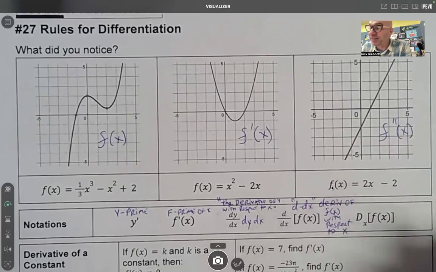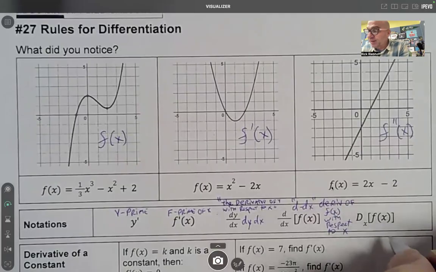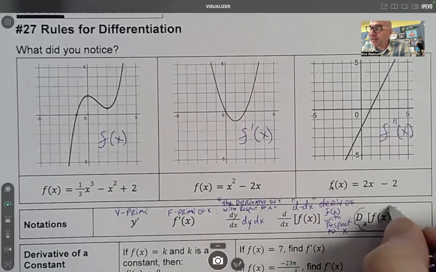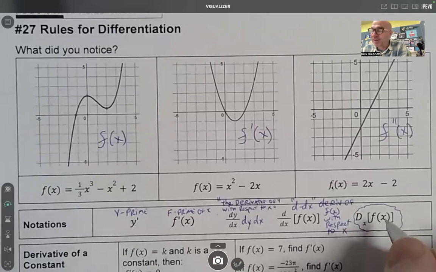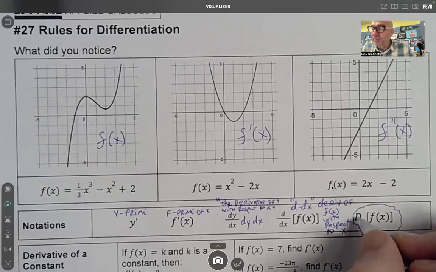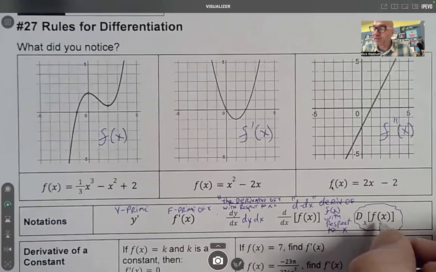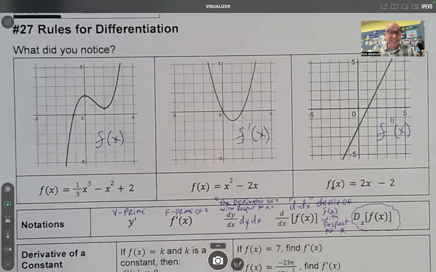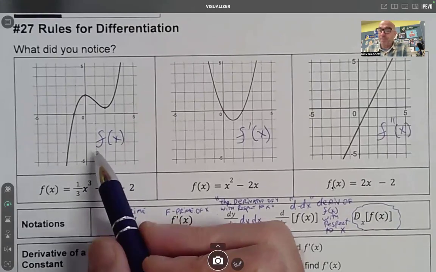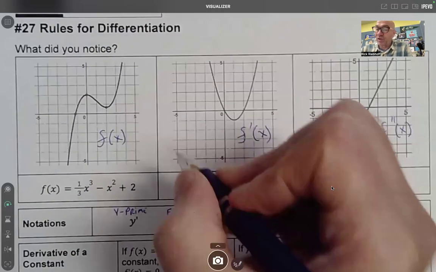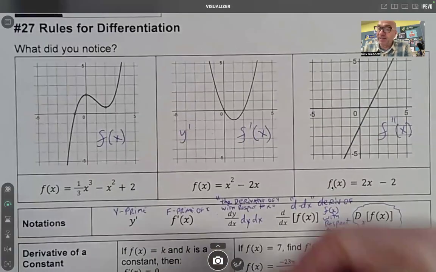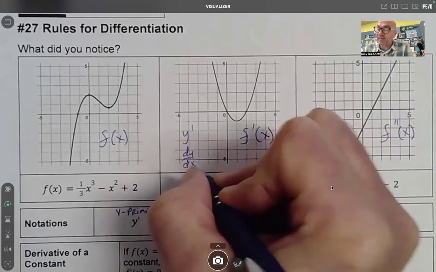We can have d dy. We can do all sorts of fun things. This one, I don't even see it used very often. They include it in the book. This is the derivative with respect to x of f of x. So the derivative of f of x with respect to x means the same thing as this, but it's got a big capital D. So lots of different notations for exactly the same thing. So this is f prime of x. This is y prime. This is dy dx.